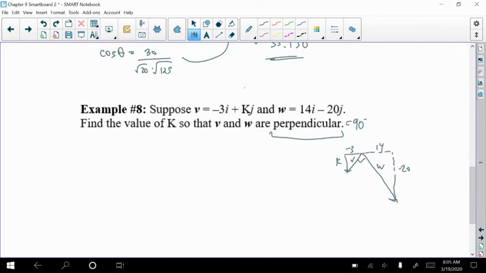So I'm still going to start with my formula. Cosine of theta, just as a good reminder, is equal to the dot product divided by the product of the magnitudes.